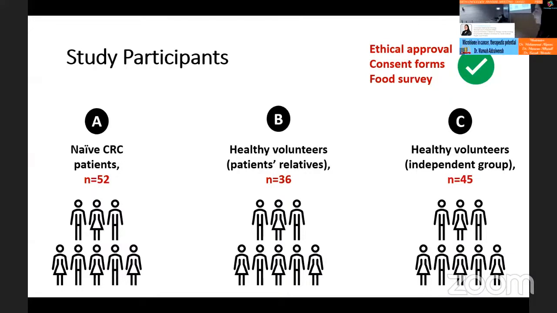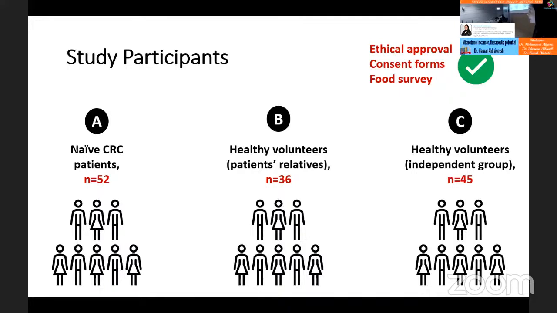And we do have 2 control groups. The first is the patients' relatives. We ask the relatives who are with the patients before the surgery to provide a stool sample. And we also have independent healthy volunteers as a control group for different purposes. One of them is to do the validation of the data, and also to have another control group, since we don't have any microbiome data in the Saudi Arabian population.